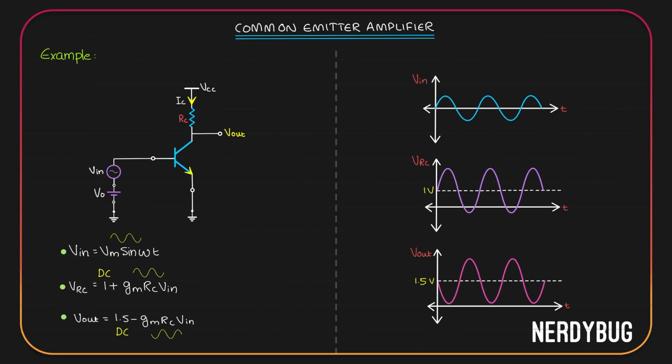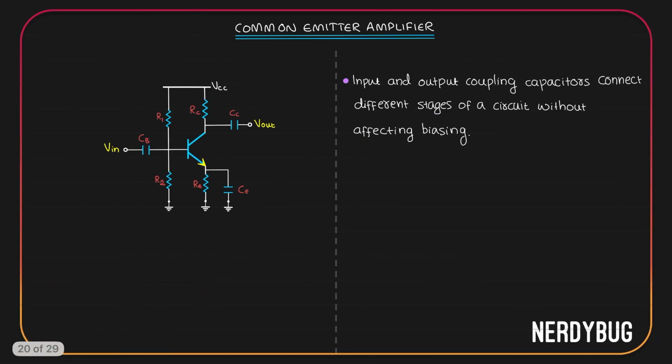We found out that the output of the common emitter amplifier is an inverted and amplified version of the original input signal with a DC value of 1.5 volt. So it is possible that our input is also coming with some DC value. Obviously, I do not want the DC value to affect the biasing of my circuit.